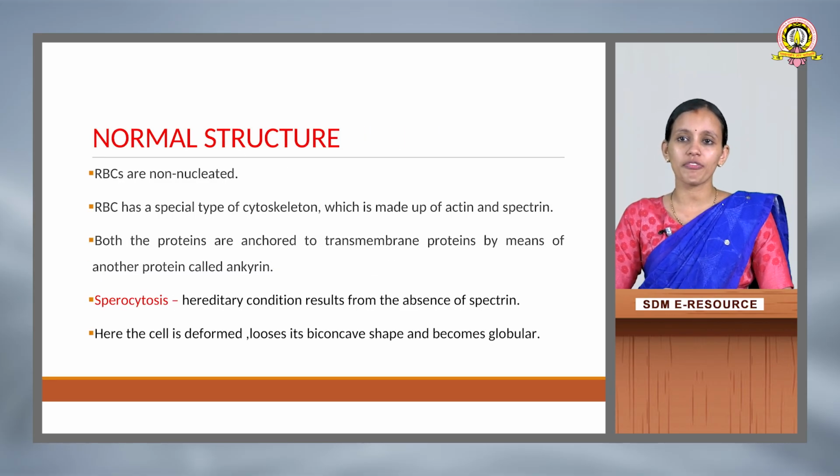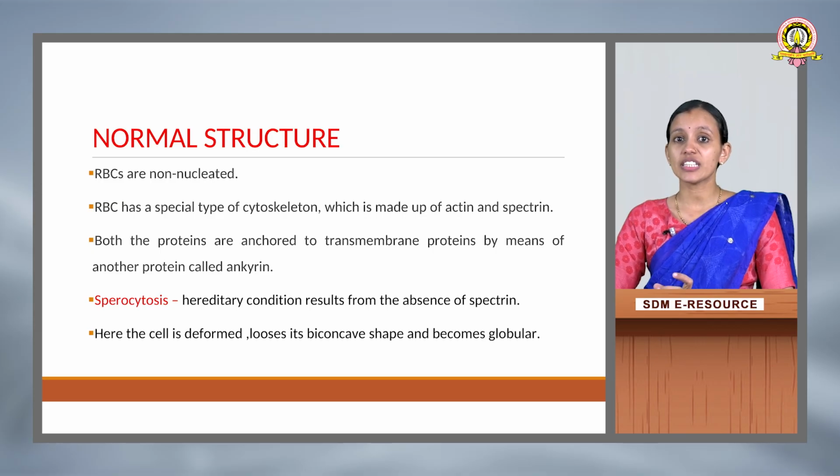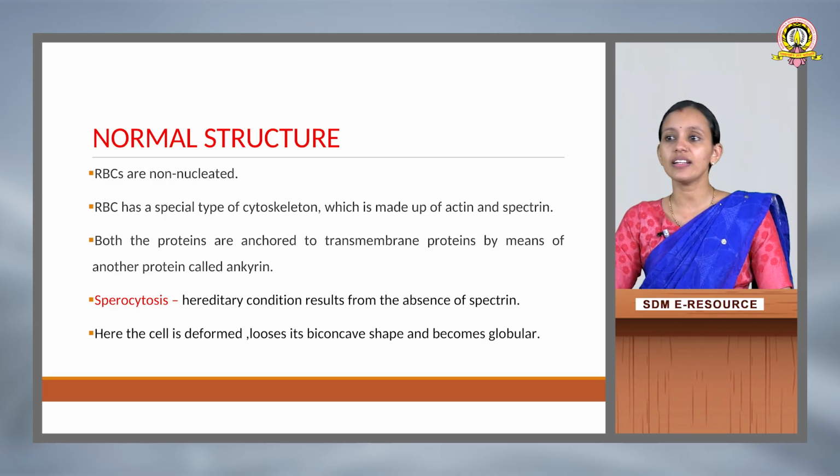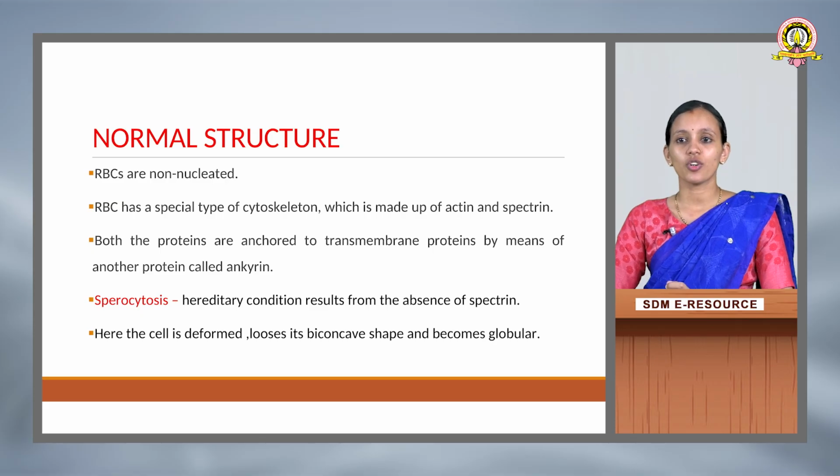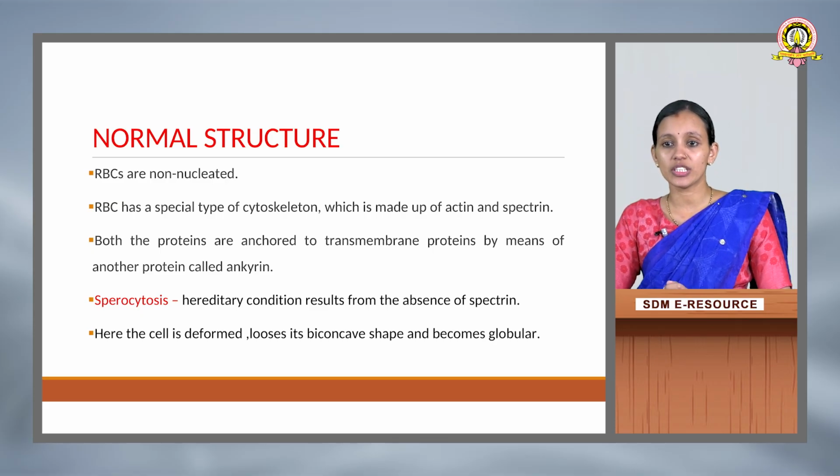Normal structure of RBC: as we have already seen, RBCs don't have a nucleus, and they have a special type of cytoskeleton mainly made up of actin and spectrin. Both these proteins are anchored to a transmembrane protein by means of another protein called ankyrin. There is a hereditary condition that results from absence of spectrin, called spherocytosis.